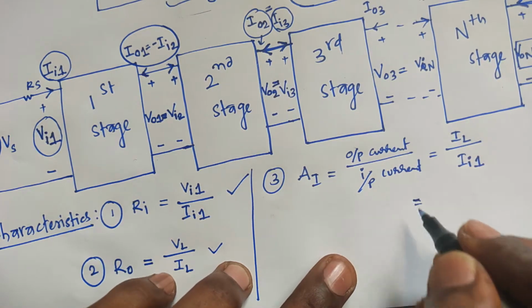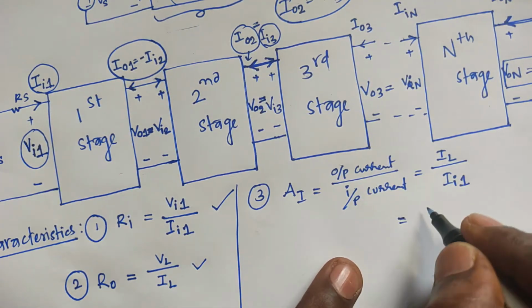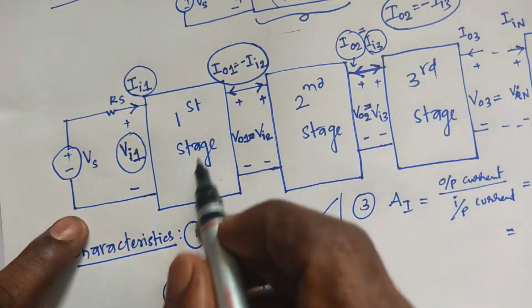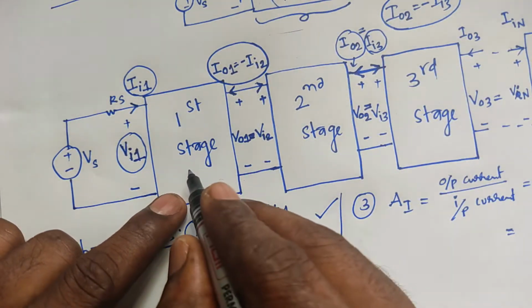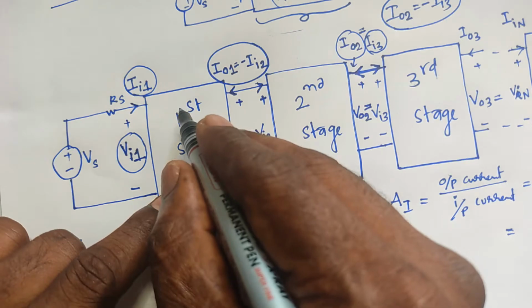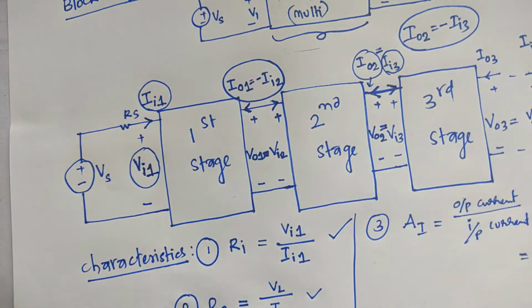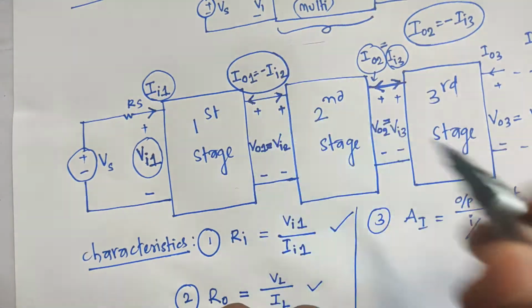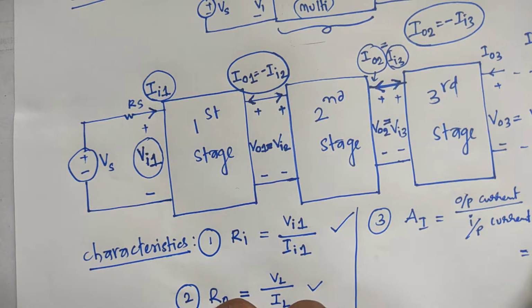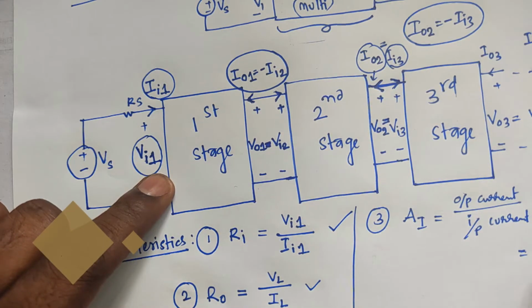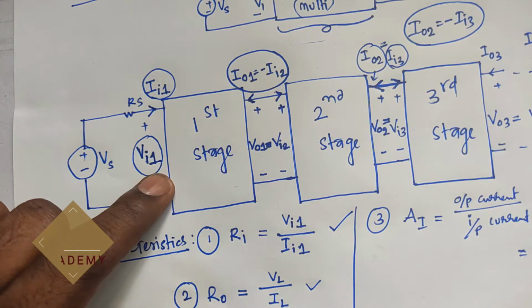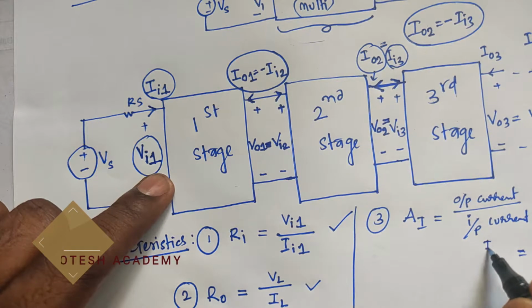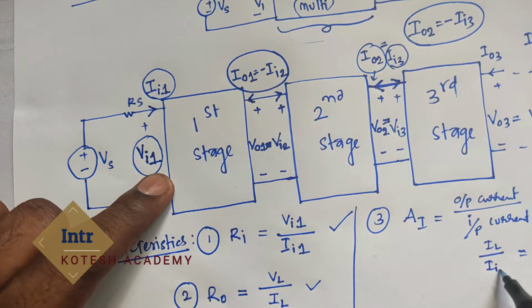That is equal to, same process we are representing here, that is the first stage output. What is the first stage output current? First stage output current is this here, that value is opposite direction to denominator, same II1, and this one is here IL by II1.